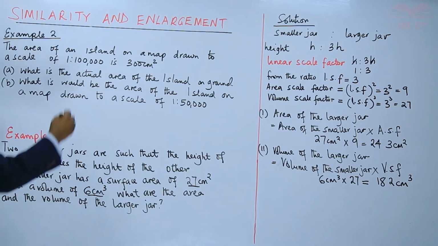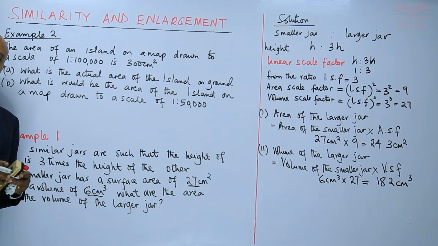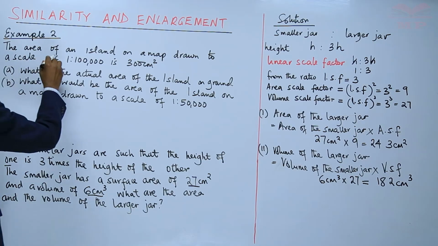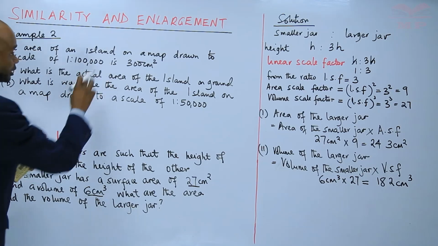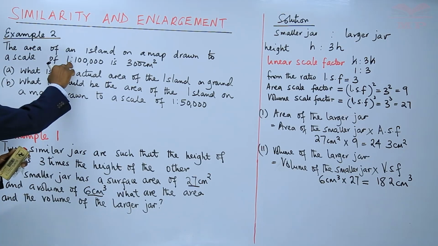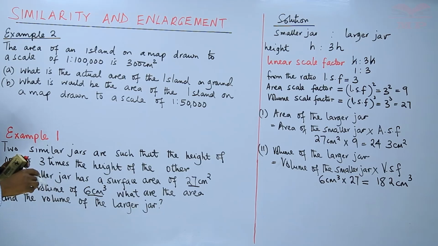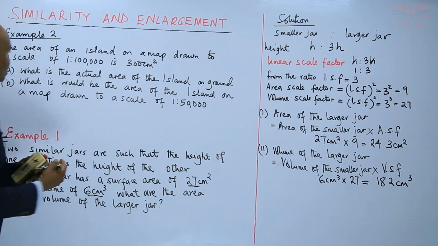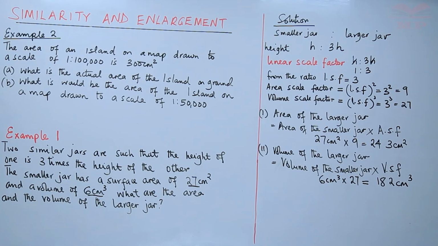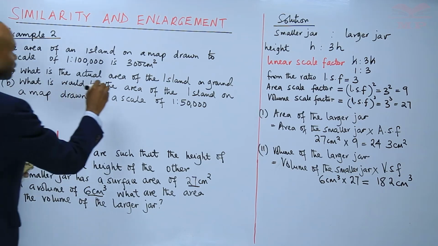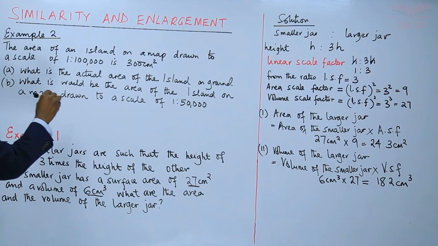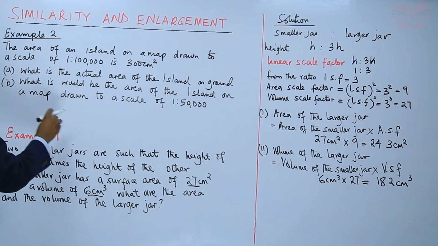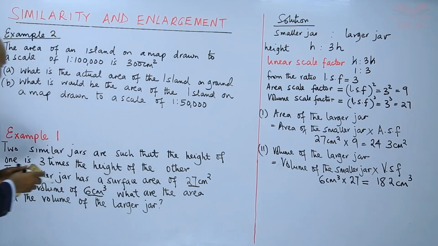These are the applications I was talking about initially in the past lessons. The area of an island on a map drawn to a scale of 1:100,000, where 1 unit on the map represents 100,000 units on ground, is 300 square centimeters on the map. What is the actual area of the island on ground?